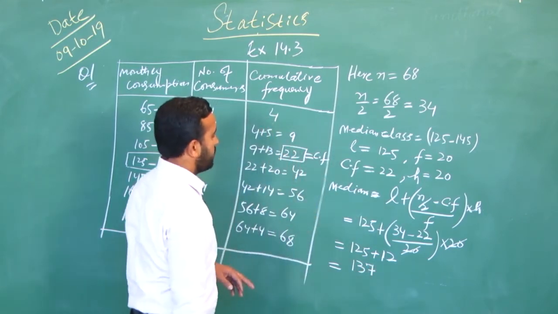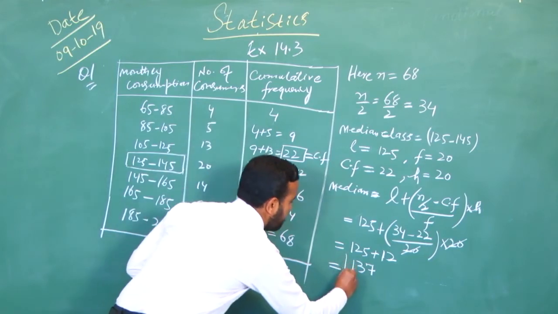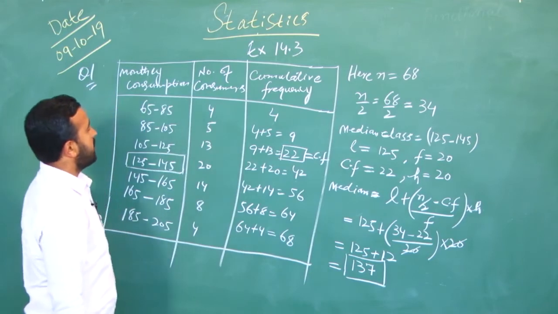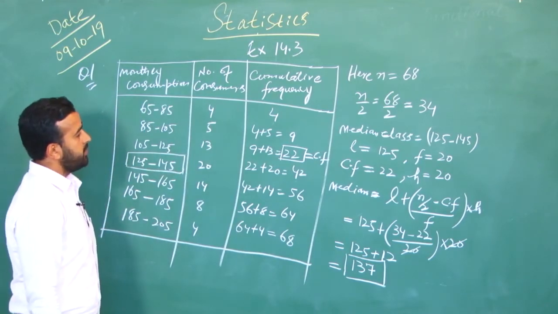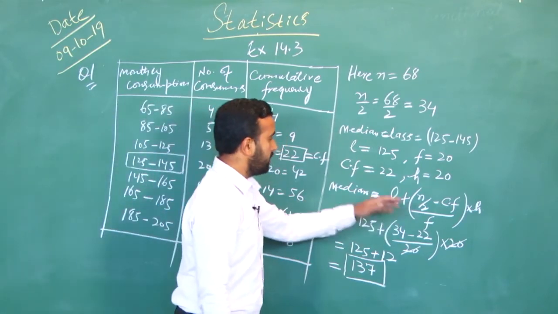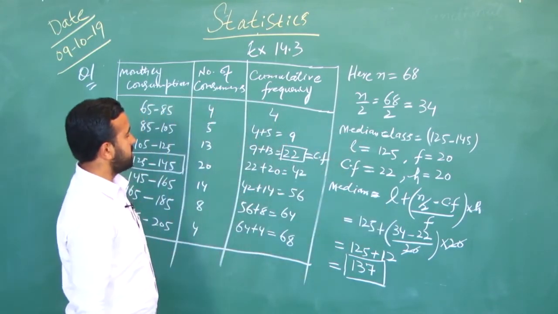And this is the final value, the median of the given data. This is how we find the median of the given data using this mathematical formula, and these are the various steps that we discussed in detail.